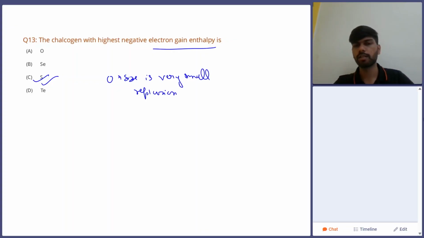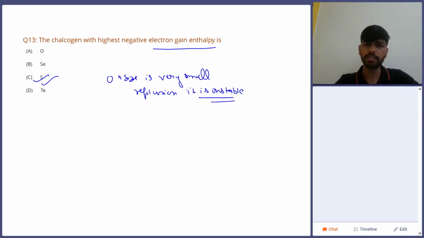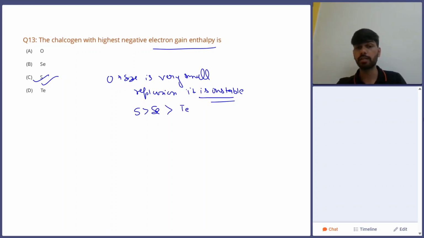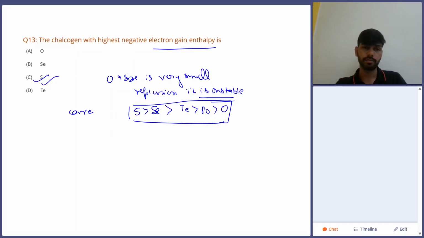Due to the repulsion, it is unstable, so the electron gain enthalpy should be less. So the order is sulfur, selenium, tellurium, polonium, and this is the electron gain enthalpy order. Correct order. So the right answer is option C.